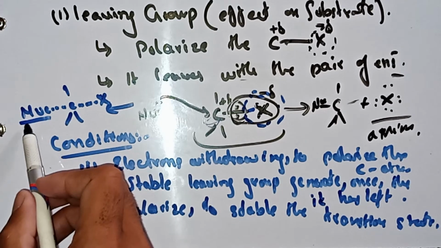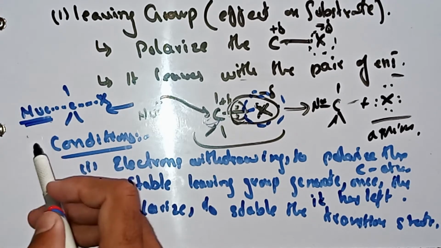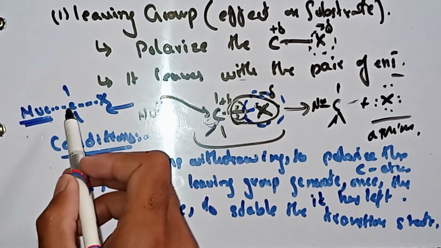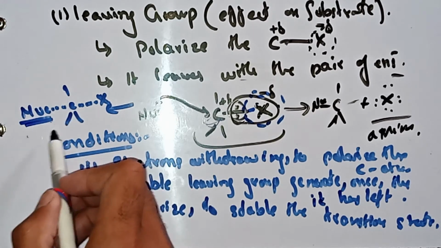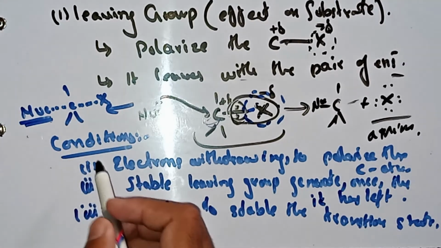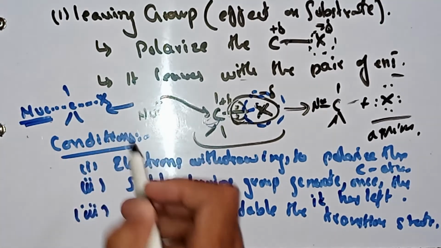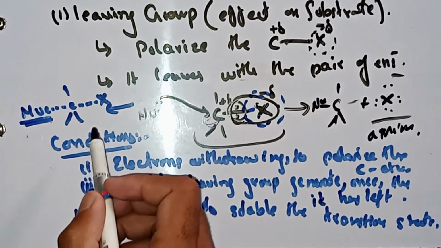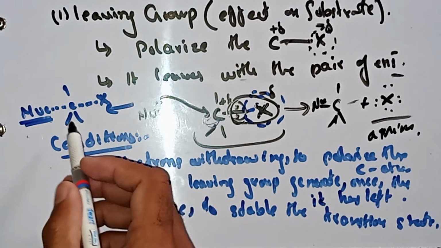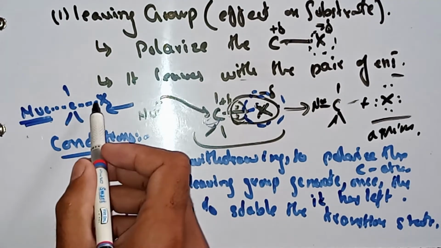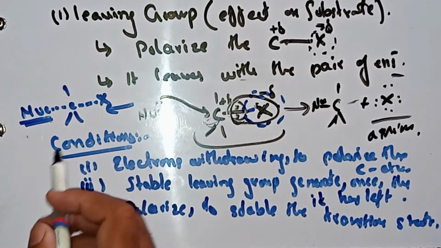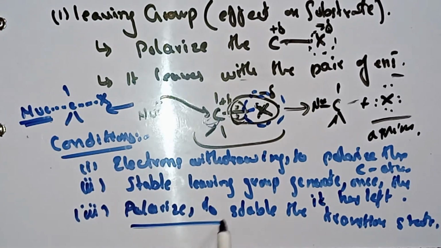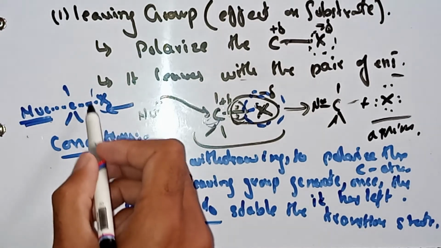This means the nucleophile donates a partial lone pair, or partial electron pair, to this carbon. It also means a good leaving group can easily withdraw the electrons from this carbon, so the transition state becomes stable.